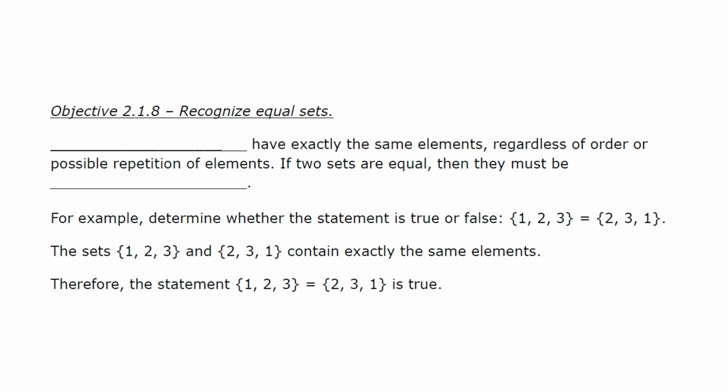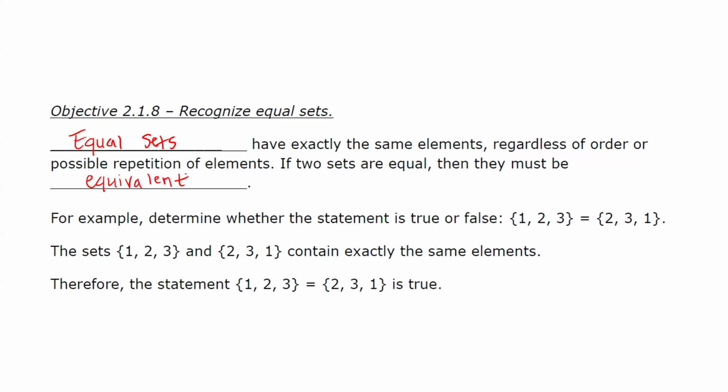All right, objective 8: Recognize equal sets. Equal sets have exactly the same elements, regardless of order or possible repetition of elements. If two sets are equal, then they must be equivalent.